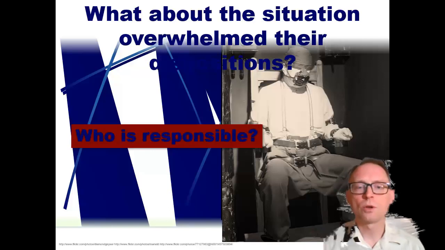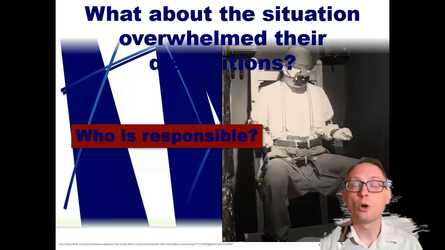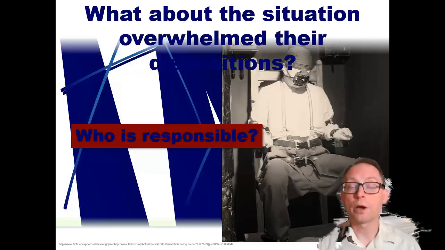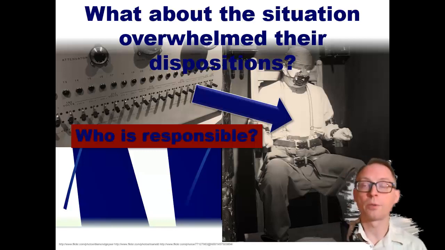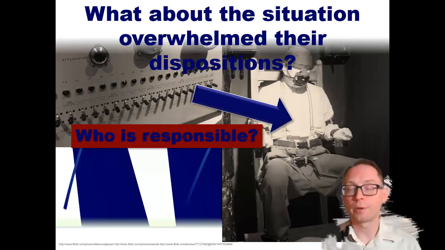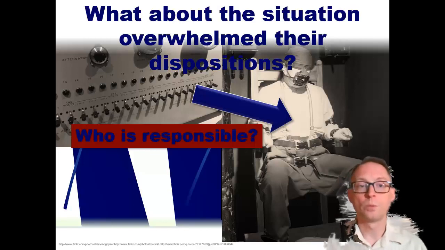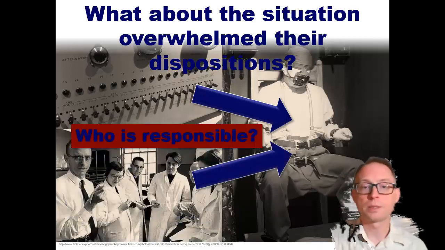So what was going on? In reality, people were being overwhelmed by the situation of having an authority figure telling them what to do. The people gave the shock because they felt like, number one, the authority figure was telling them to do that. It was a very strong situation. The person was right there. They had a lab coat on. They were very persuasive because this is Yale and that's how we do this.